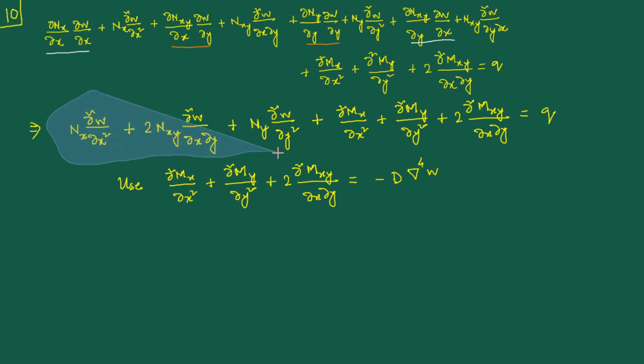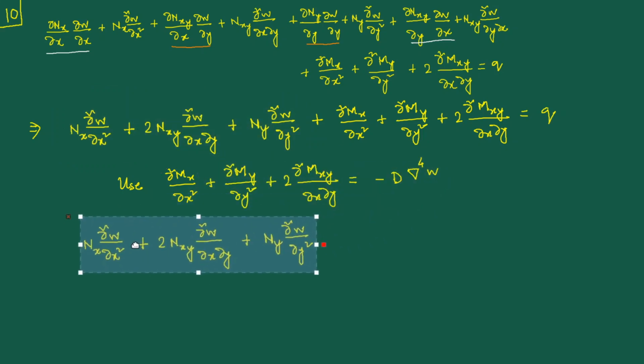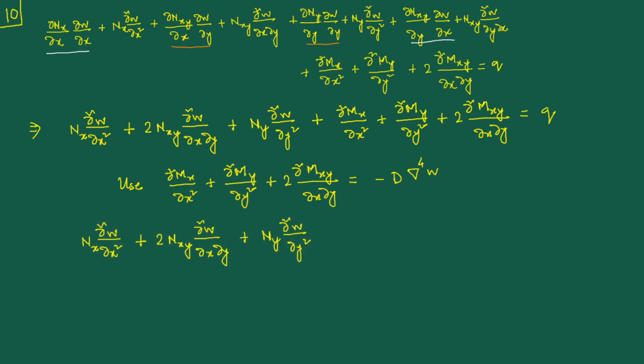We have this, of course, that much, then we have minus D del four W is equal to q, and let me put a therefore here.